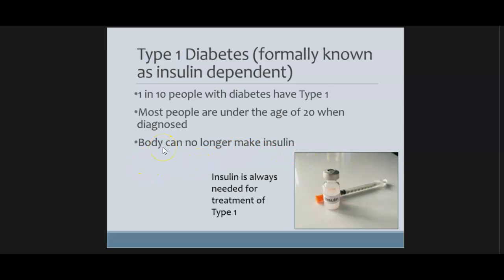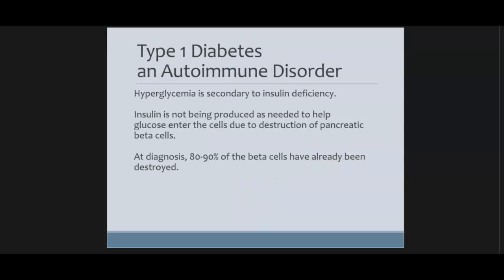It can come on later in life, but it's not as common. Usually it manifests itself young. The body is not making enough insulin, so insulin is always needed for treatment. It is an autoimmune disorder. Hyperglycemia is secondary to the insulin deficiency.